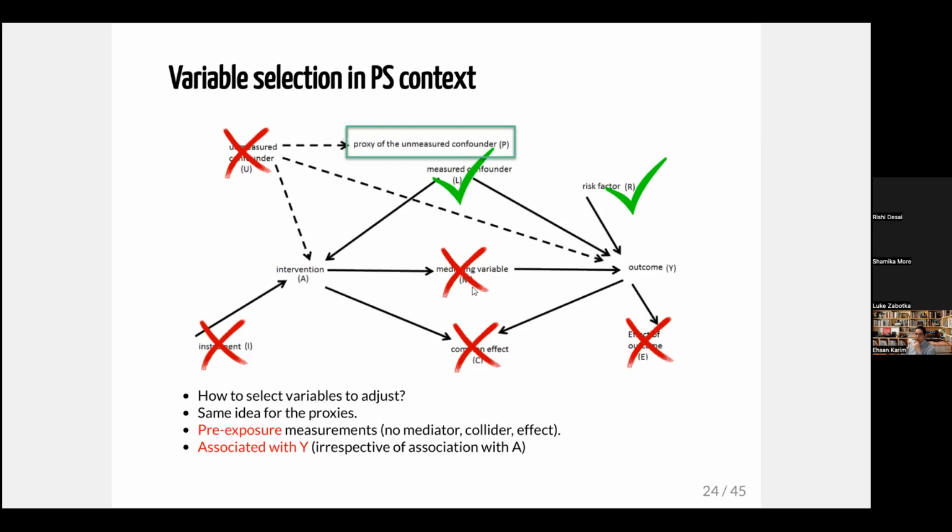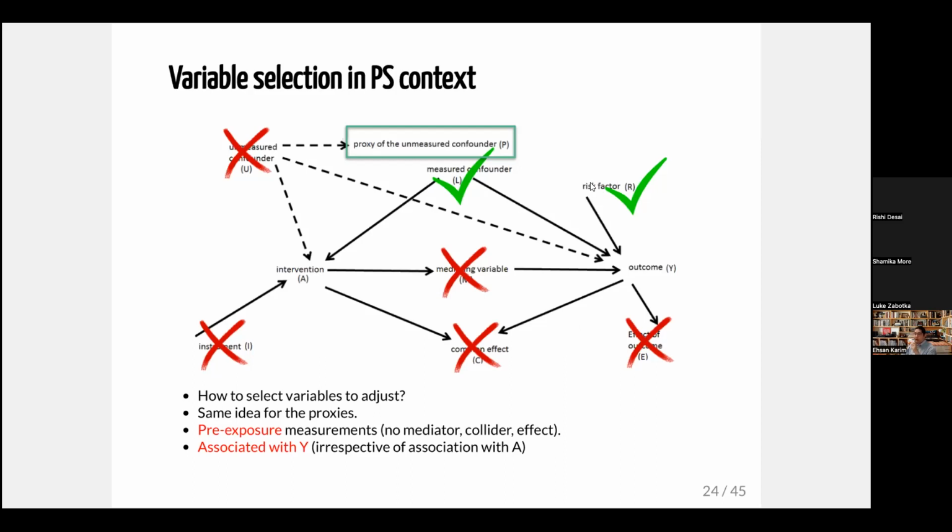And we do not necessarily want to include the mediating and the common effect variable or the effect of outcome variables as well. The same principle also applies for the empirical covariates for which we do not have any interpretation, right? So we generally want variables that are confounder-like and risk factor-like. We do not want any other type of variables.